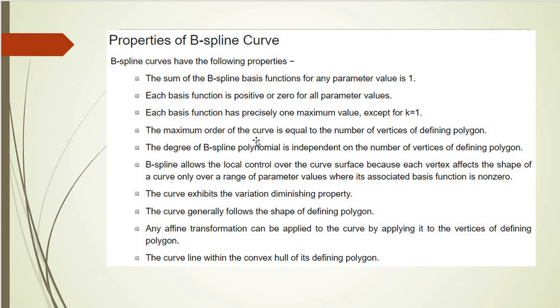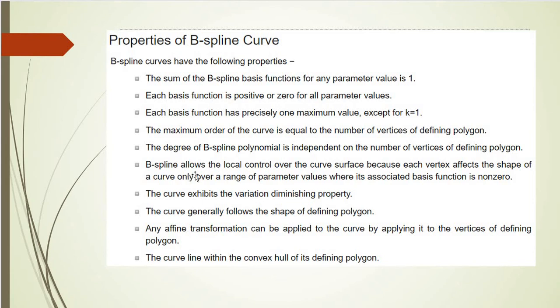The maximum order of curve is equal to the number of vertices of defining polygon. The degree of B-spline polynomial is independent of the number of vertices of defining polygon.